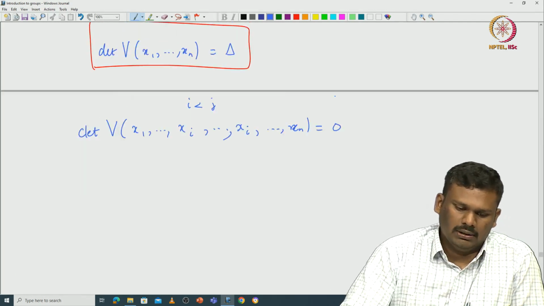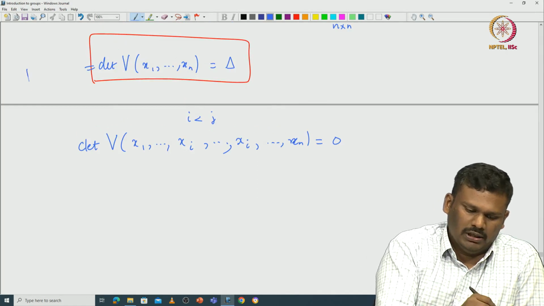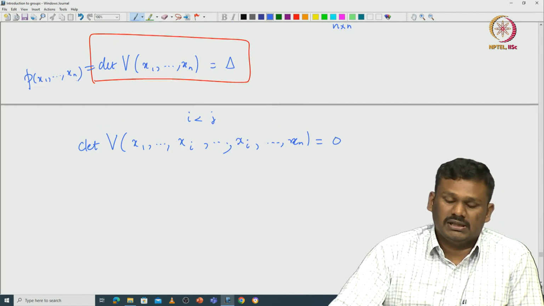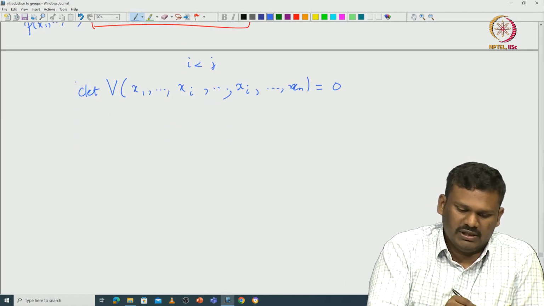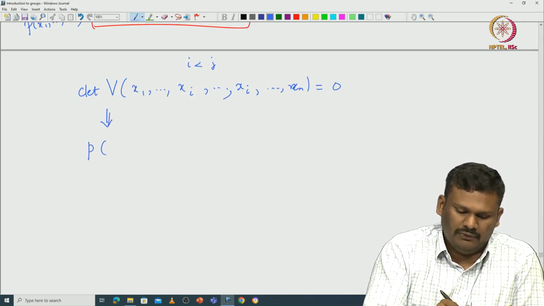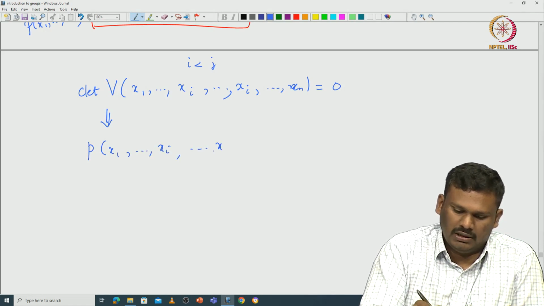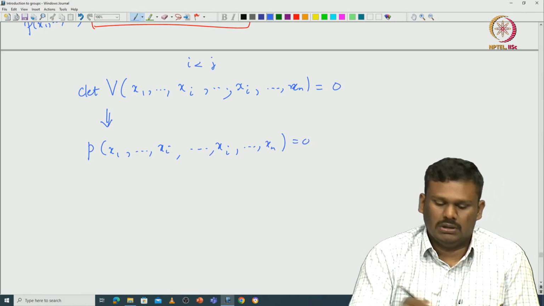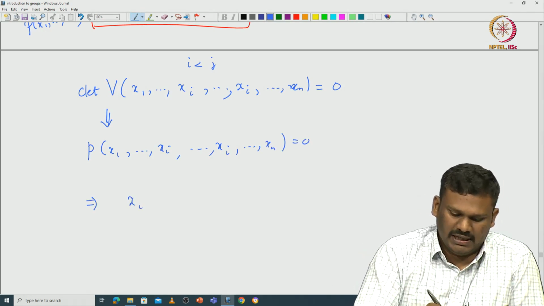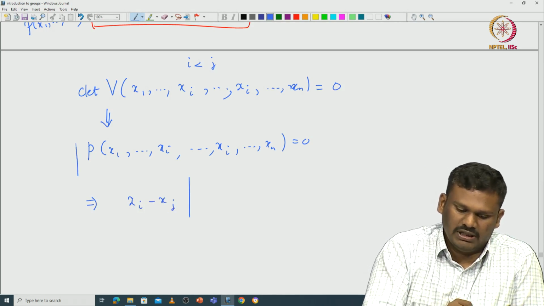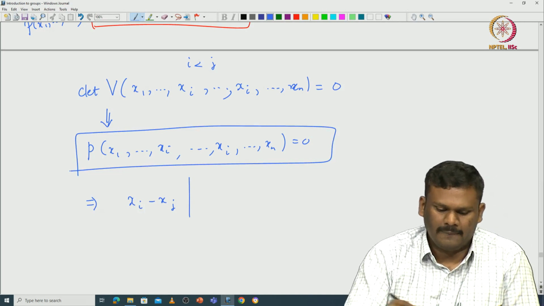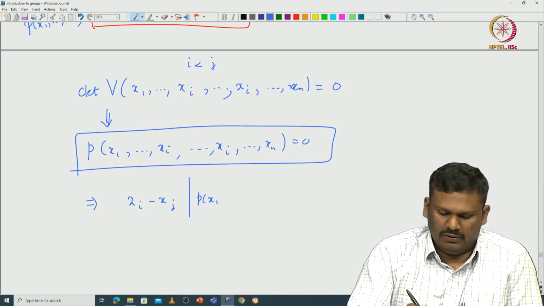If you call this some polynomial p in x1 etc. xn, then from this observation p of x1 etc. xi etc. again xi etc. xn is going to be 0. So that implies what? That implies xi minus xj divides this polynomial p of x1 etc.